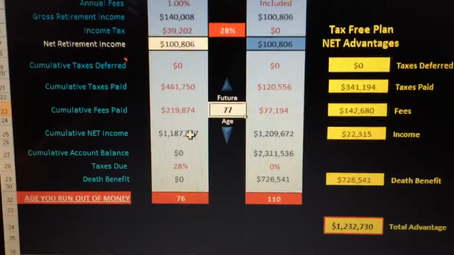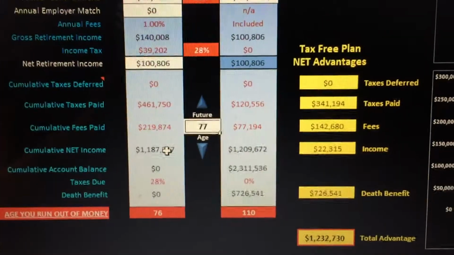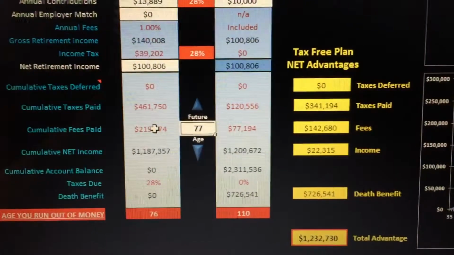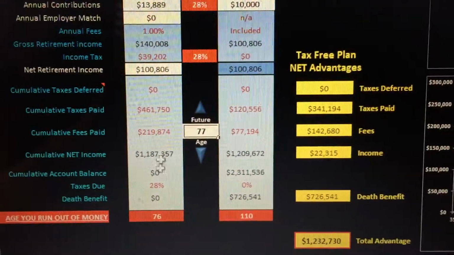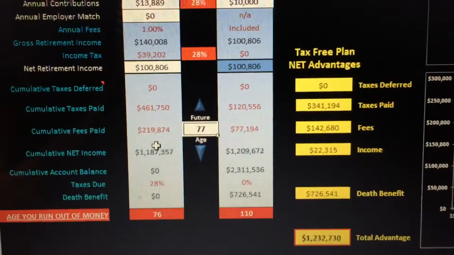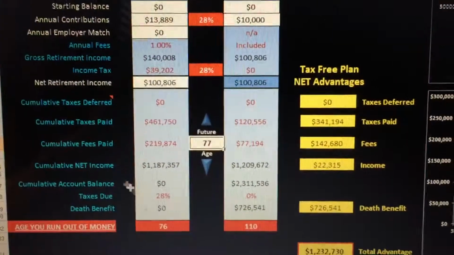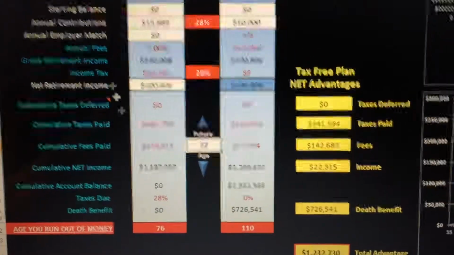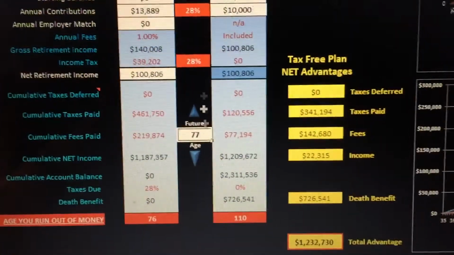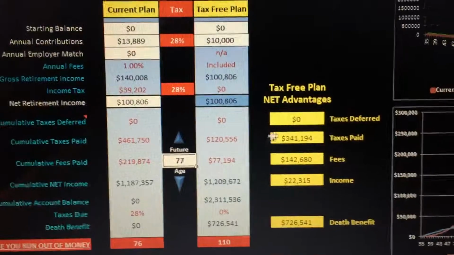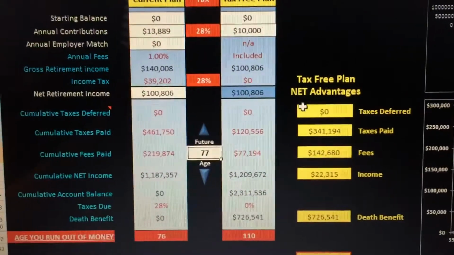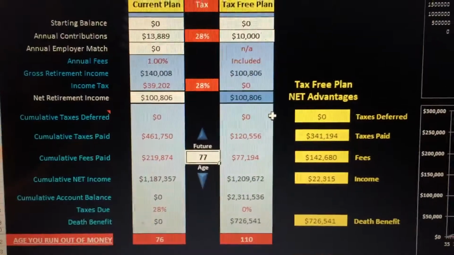And we haven't even talked about the risk that their money is in the market. If the stock market would have done another 2008, well, this number would have been way over. This program doesn't even take into consideration the risk factor of someone's money, which is in the stock market. Over here, this money is not in the stock market. Rather, it's in an index, which is completely, totally different.